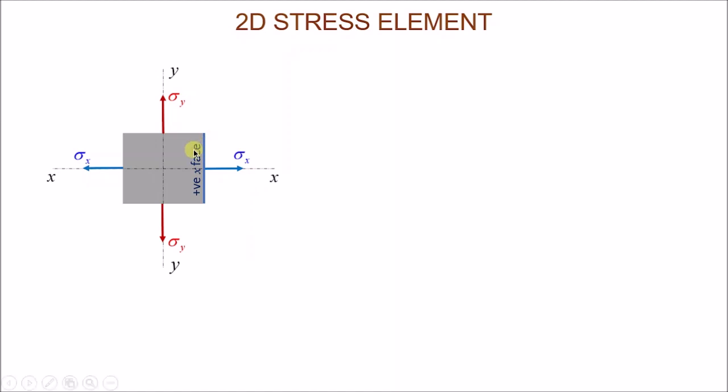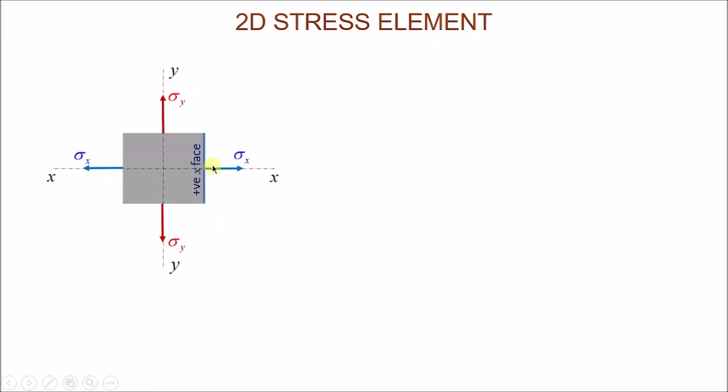And so this blue line that you see here will represent the positive x face, okay? Because if your origin is where the two lines meet, the x axis is positive to the right. So this face that we have here, we will refer to it as the positive x face. Again, remember I told you that for the sake of simplification, we look at this stress element in 2D, but in reality, it is a 3D cube, okay?